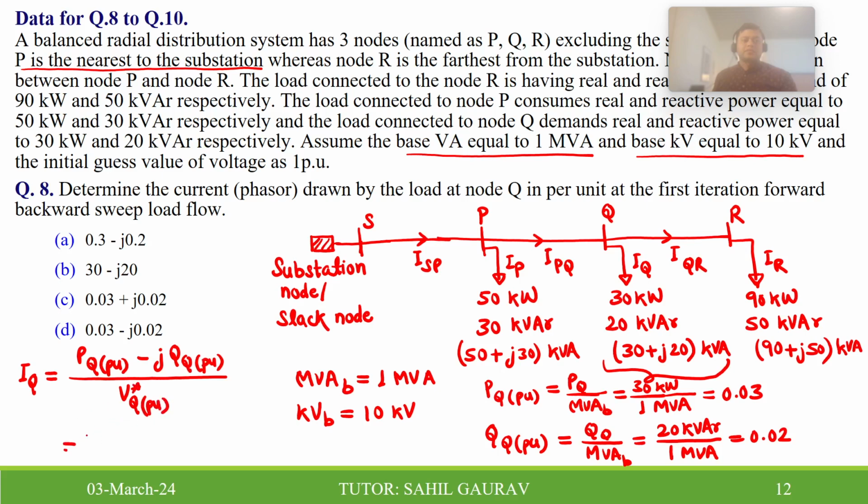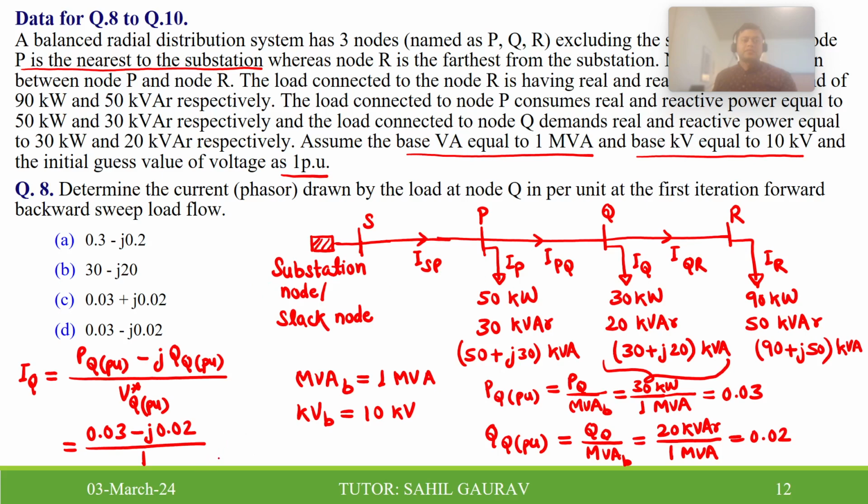So we know the quantities: 0.03 minus J 0.02 upon 1, because the initial guess value of voltages is given as 1 per unit. So we have to take the initial guess at each node. So we have assumed the voltage at different nodes as 1 per unit.